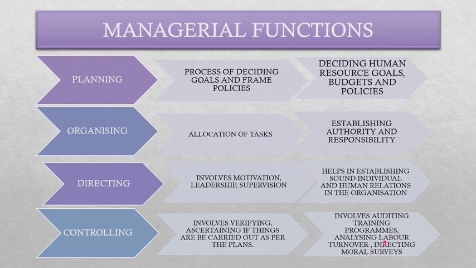Now, analyzing labor turnover is you are seeing whether all these above functions have been overburdened on an employee, so that he is leaving the job because he cannot take up that pressure. So labor turnover is the number of people leaving the job. That is what you are checking.